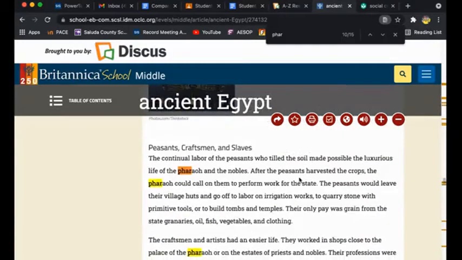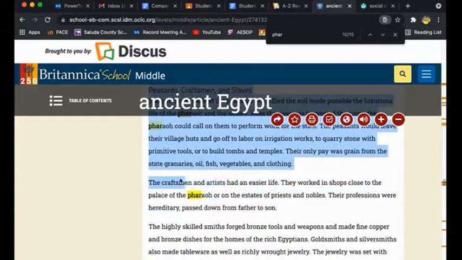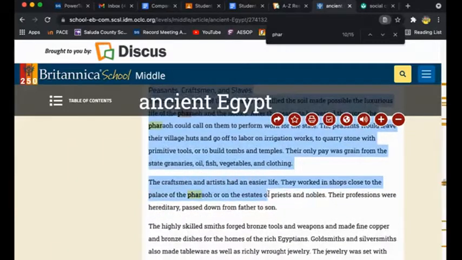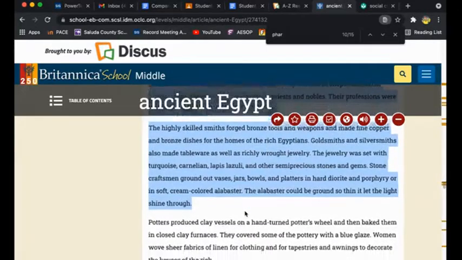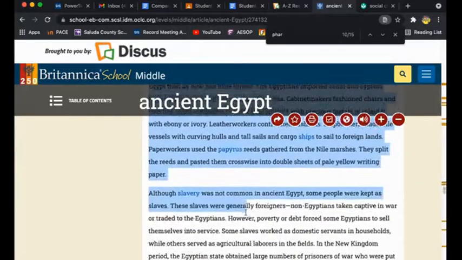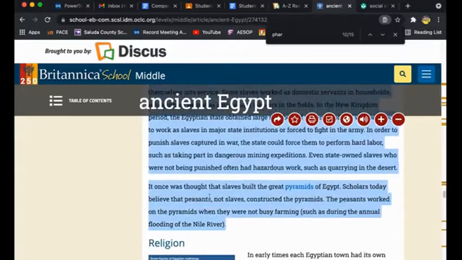So right here would be a good thing to talk about. Like what peasants had to do, craftsmen and artists. This will be perfect for social class right here.